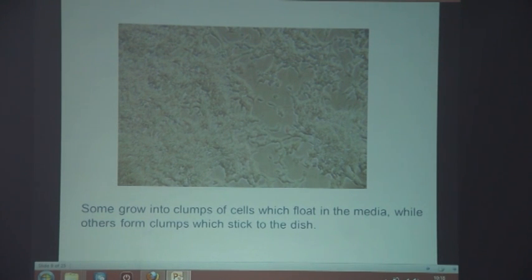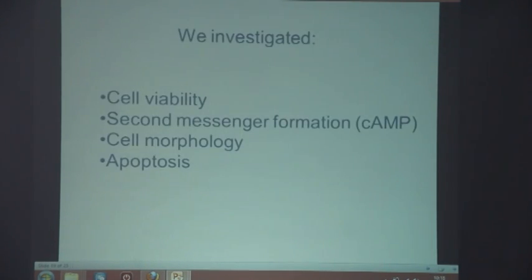So it's not so easy to work with them. We, in particular, focused our attention on the effects of GcMAF on cell viability, second messenger formation, in particular at the cAMP level, cell morphology, and apoptosis.